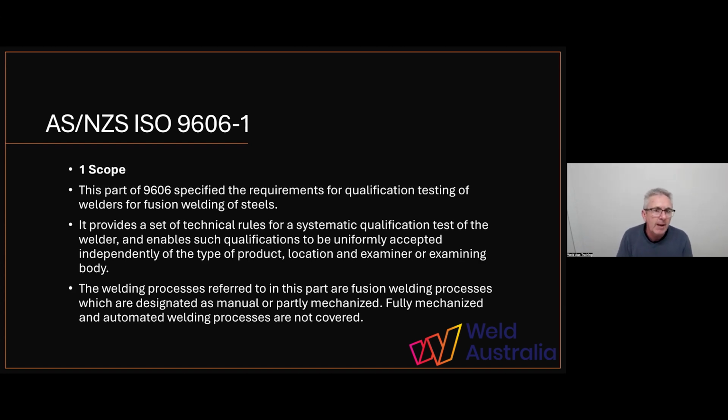If you compare 9606 to 2980, which is our Australian standard, it's on par as far as your time frame is before you re-qualify or retest your operators. But what we find in this one is a wider range of qualification, and that's the beauty of this particular standard, giving us a much broader range to cover the operators.